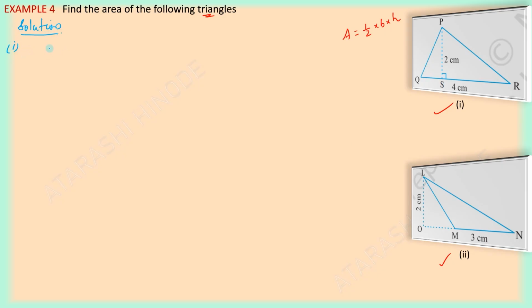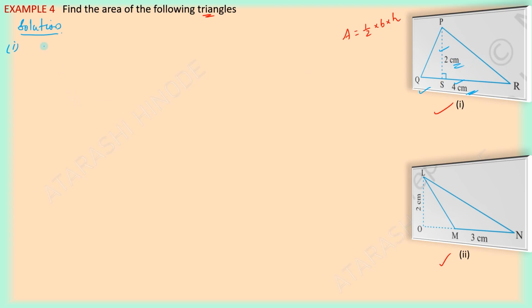First, let us write what are given here. You can see in this triangle PQR, QR is the base and PS is the height to this base QR. And here it is given base is 4 centimeters and height is 2 centimeters.